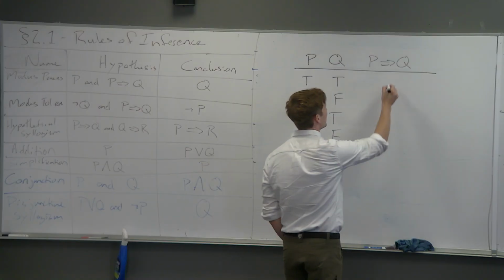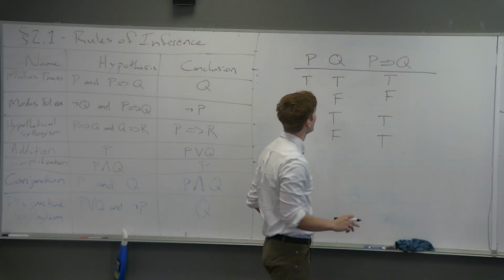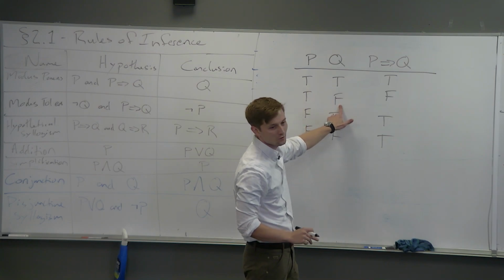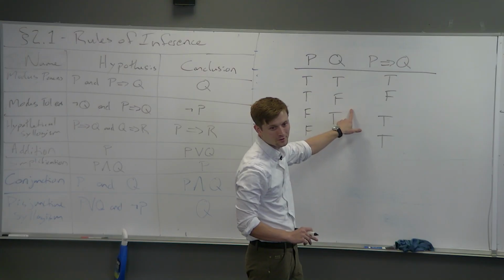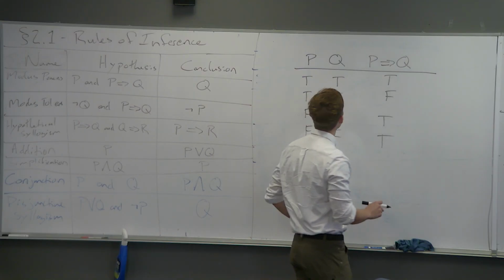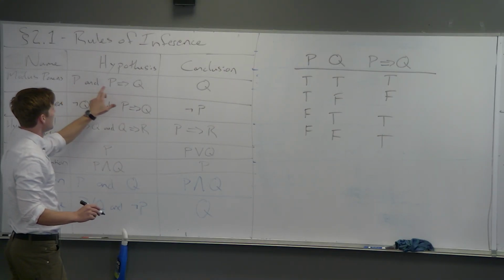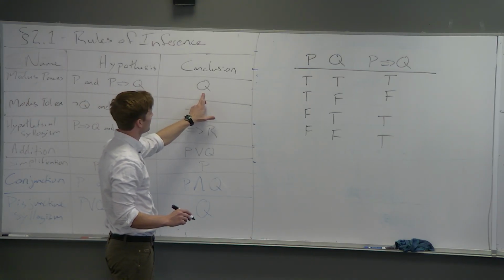True, false, true, true. The only time the statement P implies Q is false is if P is true and Q is false. That is, if it's not the case that having P be true tells you that Q is true. Okay. So the statement of modus ponens is that if P is true and P implies Q is true, so too must Q be true.